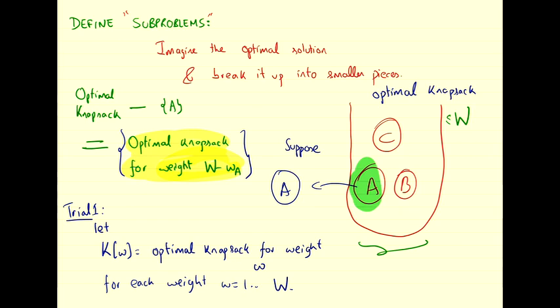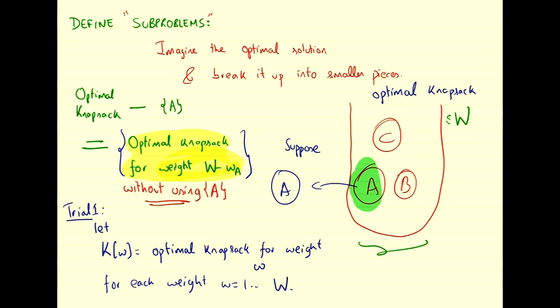If you take the optimal knapsack and remove A, then what's left here is the optimal way of filling up W minus WA without using A. Does that make sense?